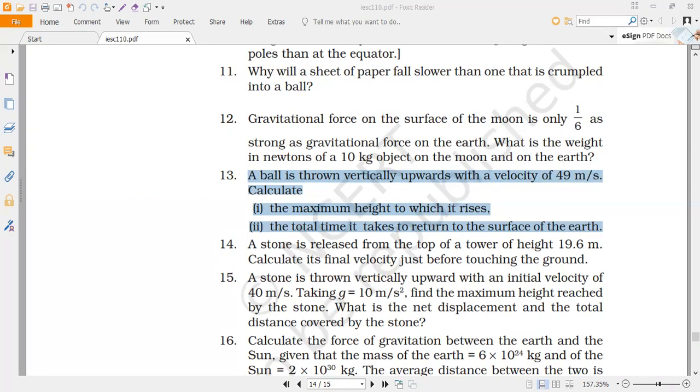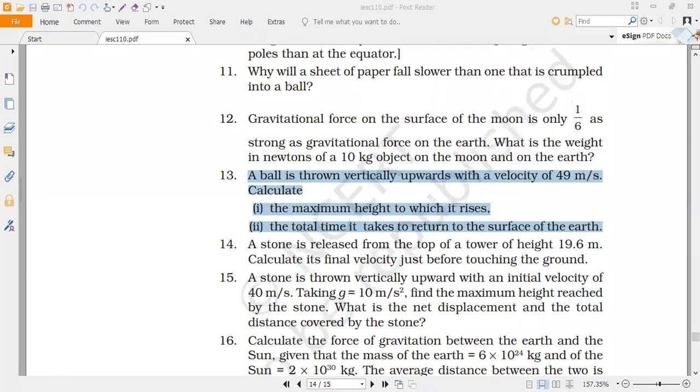Now you tell me, they are asking for the maximum height. So now I want to find the height. Let me write the given data. The initial velocity is 49 meter per second. We know that it reaches the height upward, so the final velocity is 0 meter per second, because I am writing very clearly, thrown upwards.